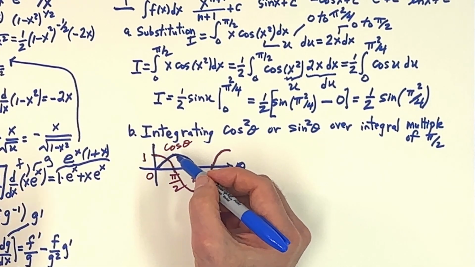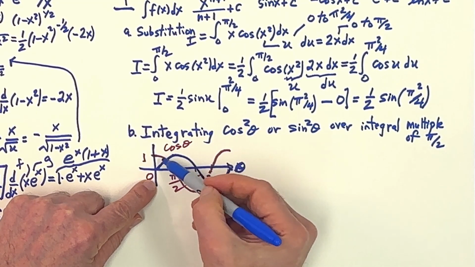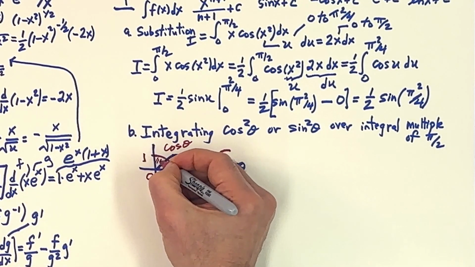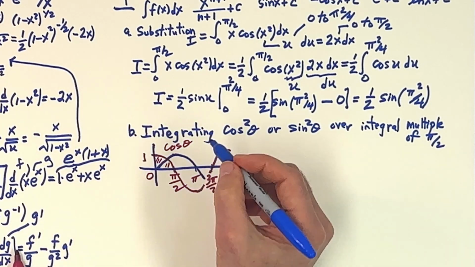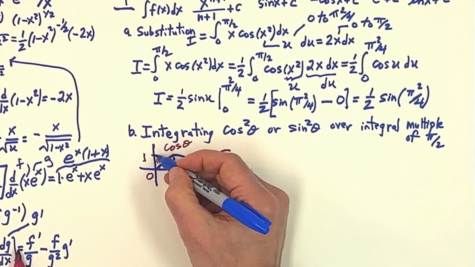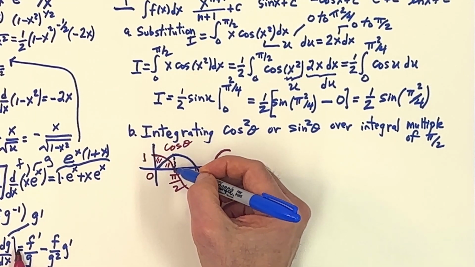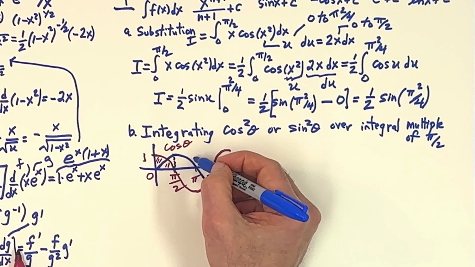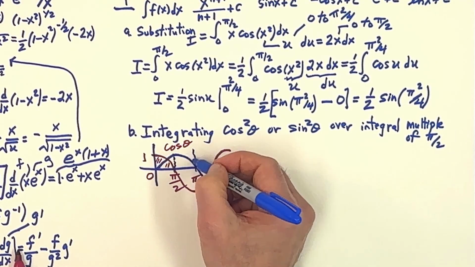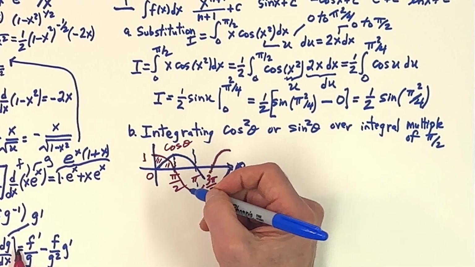Now my point is that if you look at this pi over 2, in multiples of pi over 2, you have this nice area here under the red curve. But if I look at this blue area, it's the same area. See? It's the same area. And then you look over here, you have the same thing going on. You would have a half cycle there and a half there. But when you square them, they're going to be both positive because you don't have to worry about negative area.